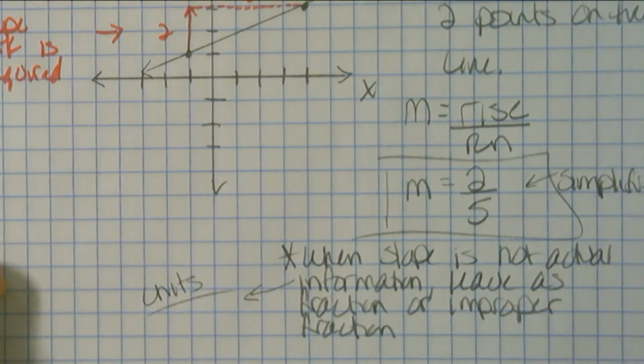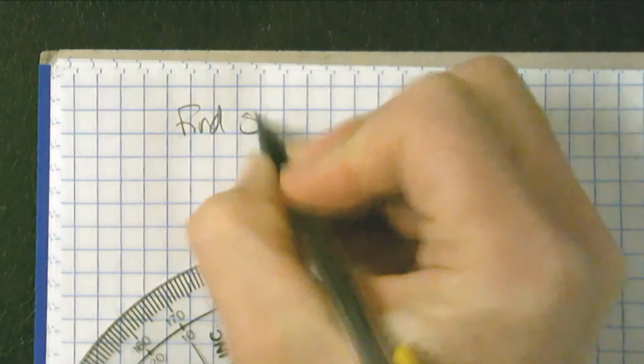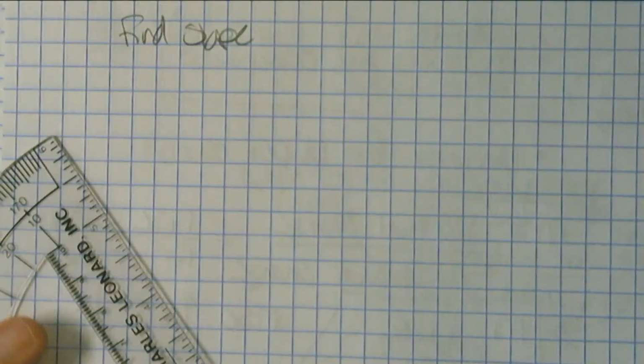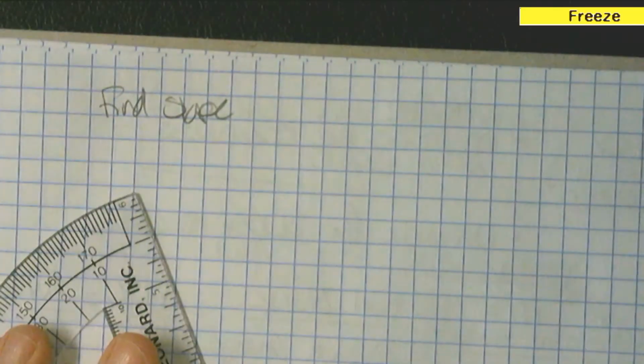Okay, let's do another one. So I'm going to give you this graph, and I want you to find the slope. So draw your coordinate plane. Again, if you want to use a different color to show slope, that's fine with me.